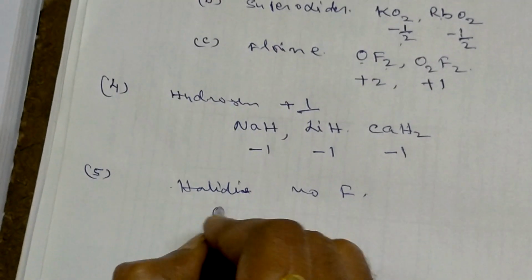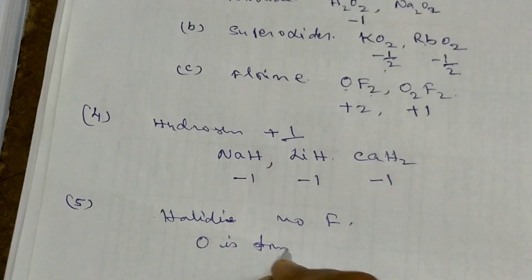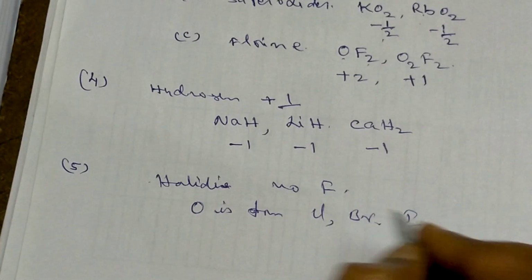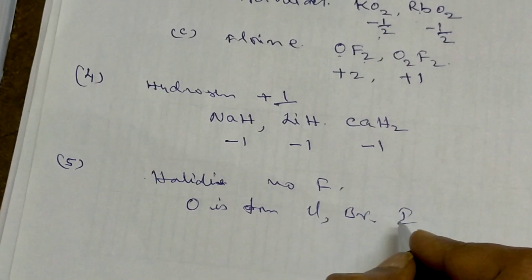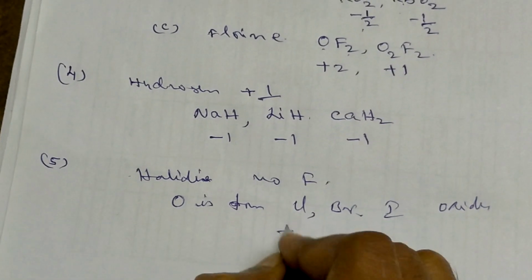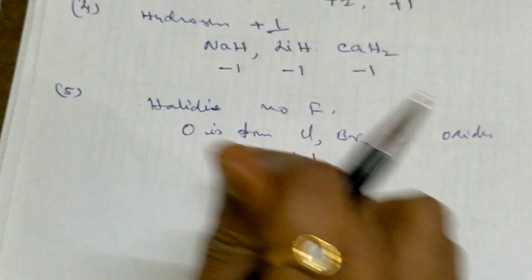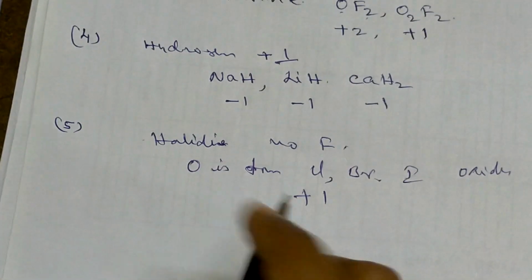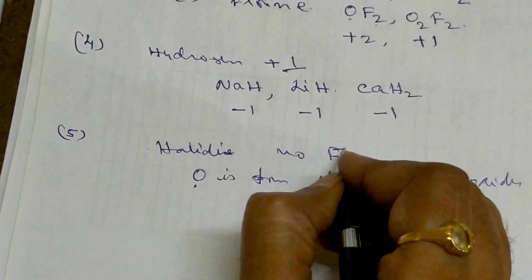So when oxygen forms a compound with chlorine, bromine, iodine, these halides, chloride, bromide, iodide, will have a positive oxidation number, not the normal -1, because oxygen's electronegativity is more than theirs, whereas fluorine is much more electronegative than oxygen.